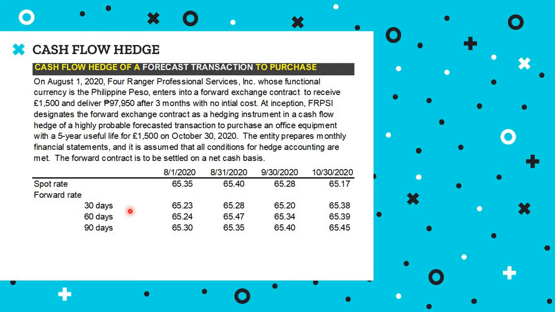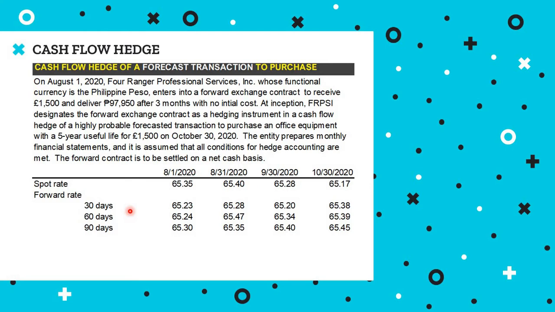So at inception daw, FRPSI designates the forward exchange contract as a hedging instrument in a cash flow hedge of a highly probable forecasted transaction to purchase an equipment with a 5-year useful life for 1,500 British pounds on October 30, 2020. So, tayo daw ay mayroong highly probable forecasted transaction. So, ito yung ating hedge item. Sabi natin, hindi basta-basta nagiging hedge item ang isang forecast transaction.